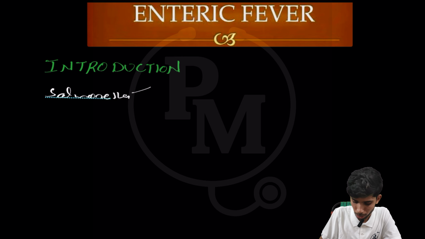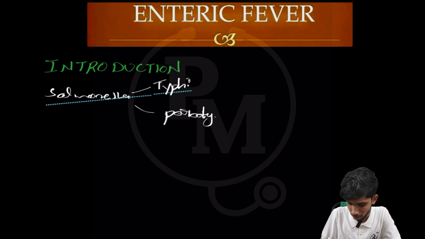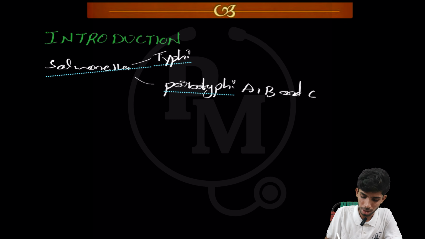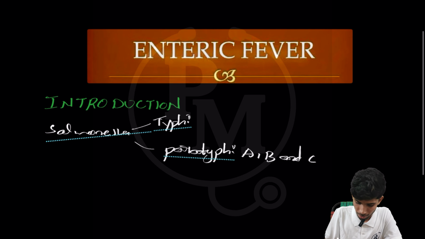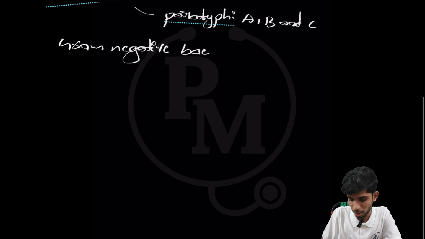Two types of species: Salmonella typhi and paratyphi, paratyphi A, B and C. These Salmonella organisms are gram-negative bacteria.